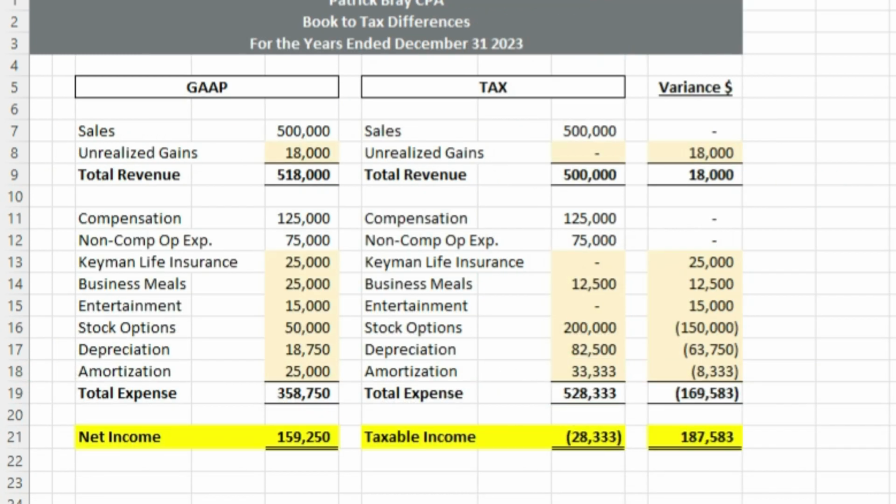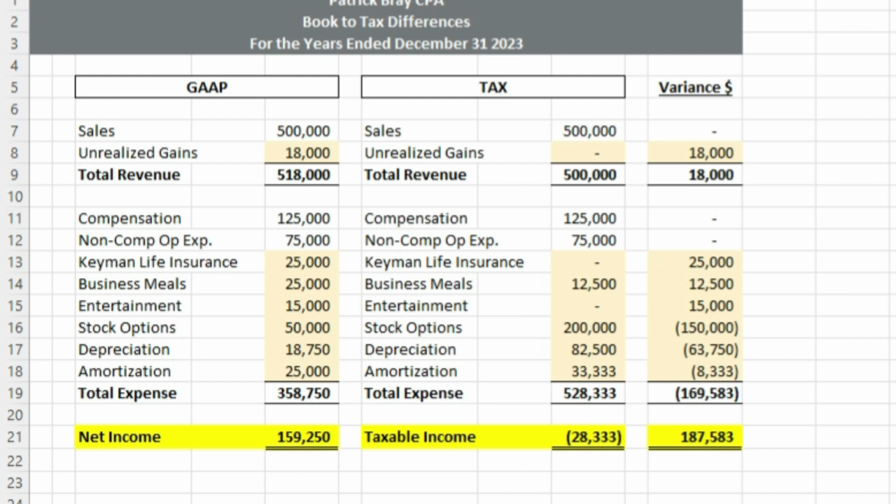So look at this. From a net income standpoint, from a GAAP basis, with the same transactions, we have net income of $159,250. From a tax standpoint, same transactions, just different basis of accounting, you have a loss of $28,333.